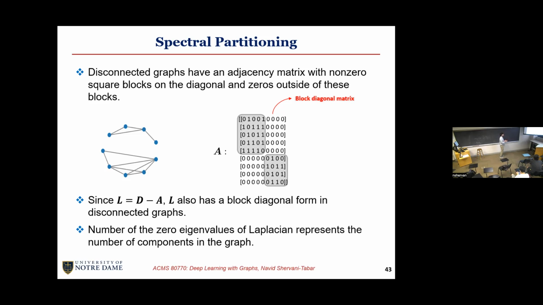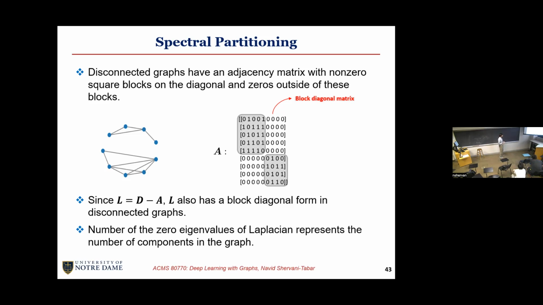We can write the adjacency matrix in block diagonal form, where each block represents the corresponding adjacency matrix for one of these components. And since the degree matrix is a diagonal matrix, if we write our Laplacian as D minus A, our Laplacian matrix is going to be block diagonal as well.